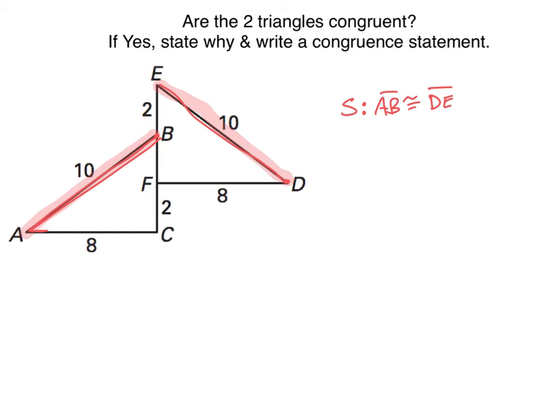All right, and now notice I also have this segment here that is 8, and this segment here that is 8. Well, if they're the same length, those sides would be congruent. So if I said side AC would be congruent to, so I would start over here and went that way. So then I have to start at D and go to F, so then DF is the other side.